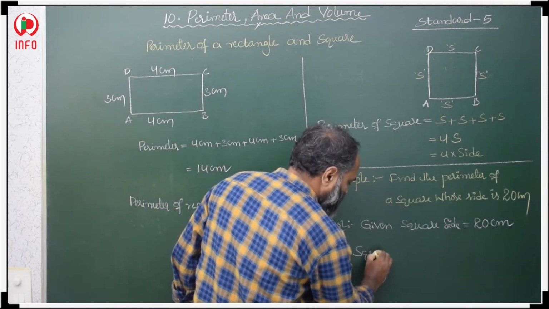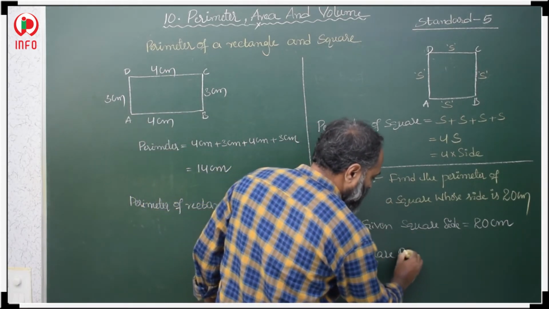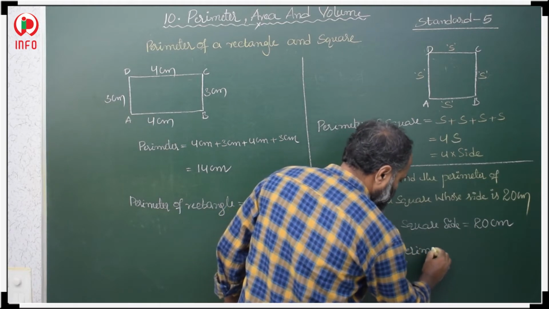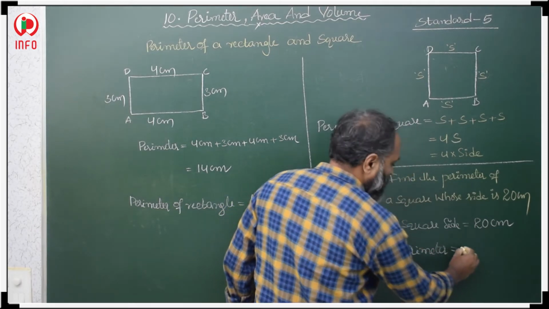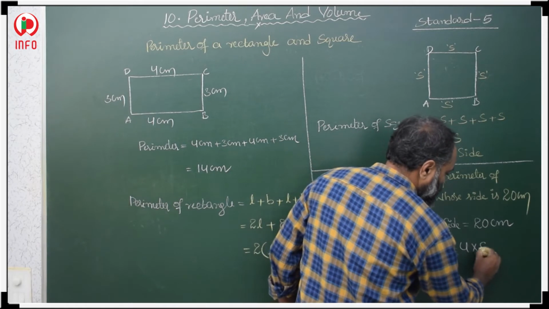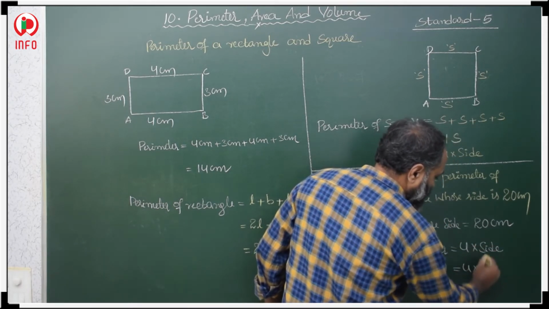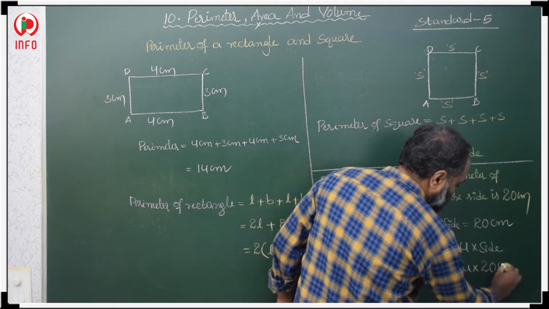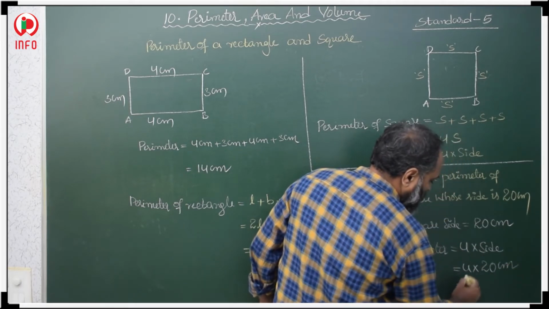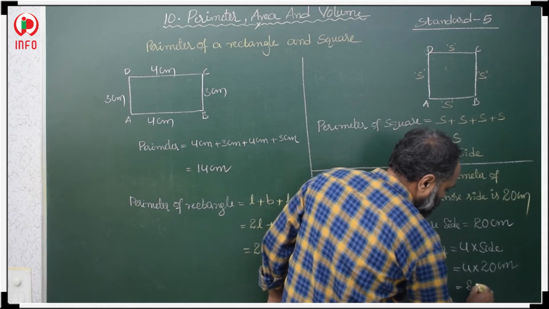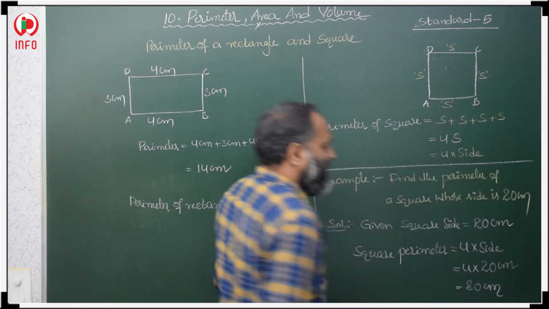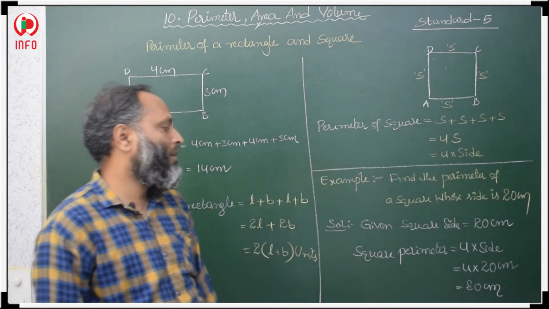Square perimeter is equal to 4 into side. 4 into what is the side? 20. 4 into 20. 4 2s are 8, means 80. 80 centimeters is the perimeter of the square.